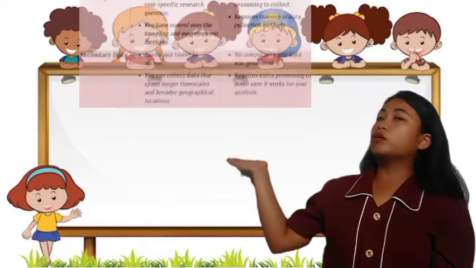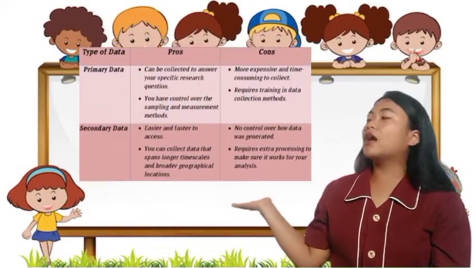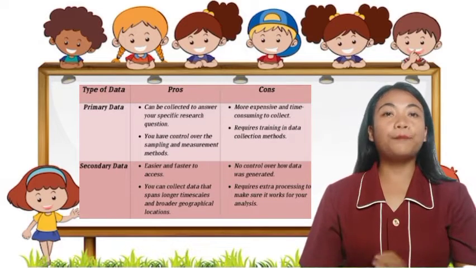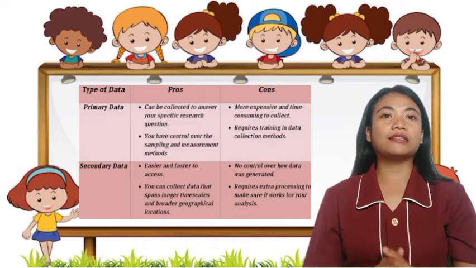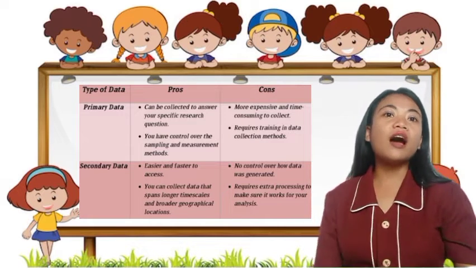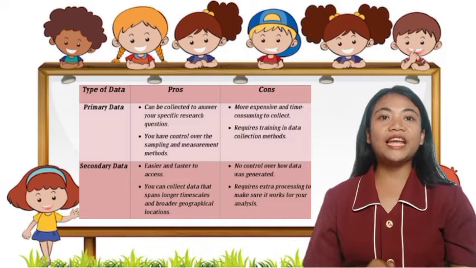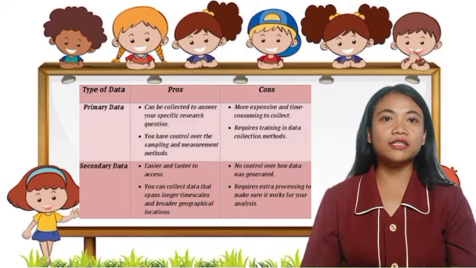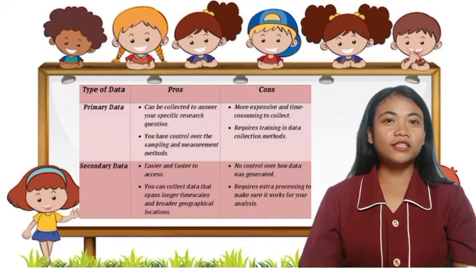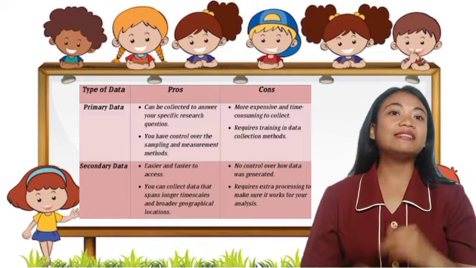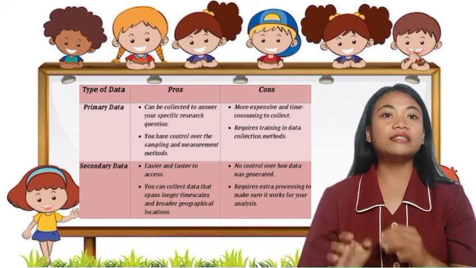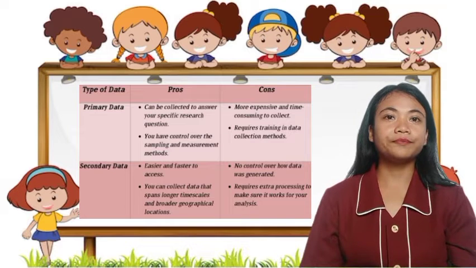And here are also the primary data and secondary data pros and cons. For the primary data pros, it can be collected to answer your specific research question, and you have control over the sampling and measurement methods. For the primary data cons, it is more expensive and time-consuming to collect, and it requires training in data collection methods.